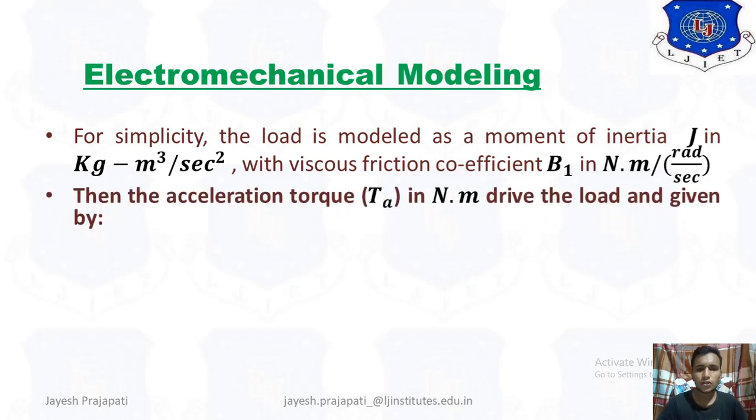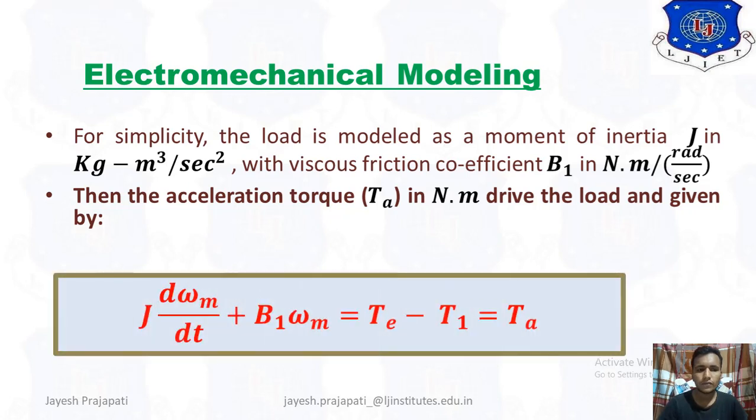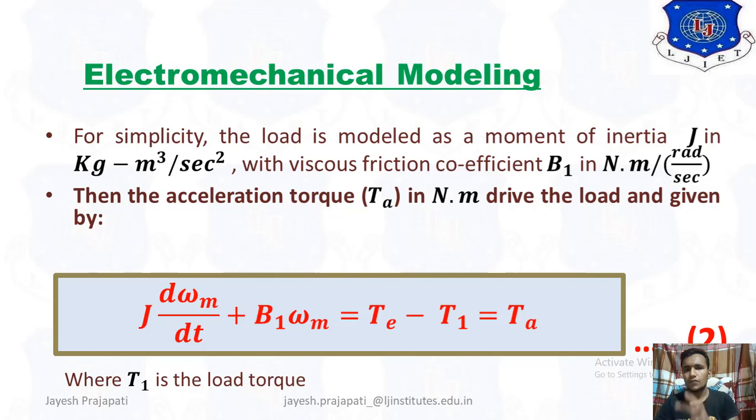Then the acceleration torque in Newton meter, which drives the load, is given by J d omega m by dt plus B1 omega m is equal to Te minus T1, which is equal to Ta. We take this as equation number 2. That is the equation related to the modeling of DC machine. Here T1 is the load torque, which we discussed in my previous video also.